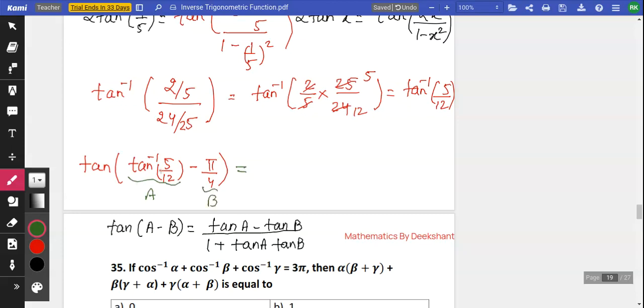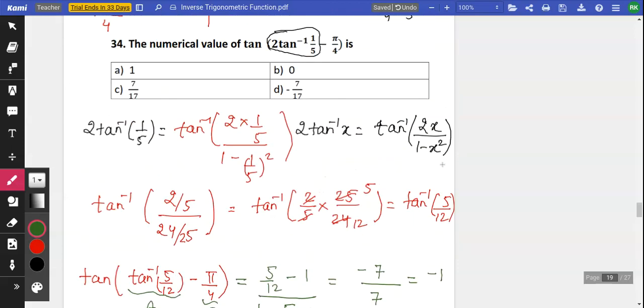Tan of tan inverse 5 by 12 is 5 upon 12 and tan pi by 4 value is 1. 1 minus 5 by 12 multiplied by 1. It becomes minus 7 upon 12 minus 5 is 7, 7 is cancelled out, minus 1.